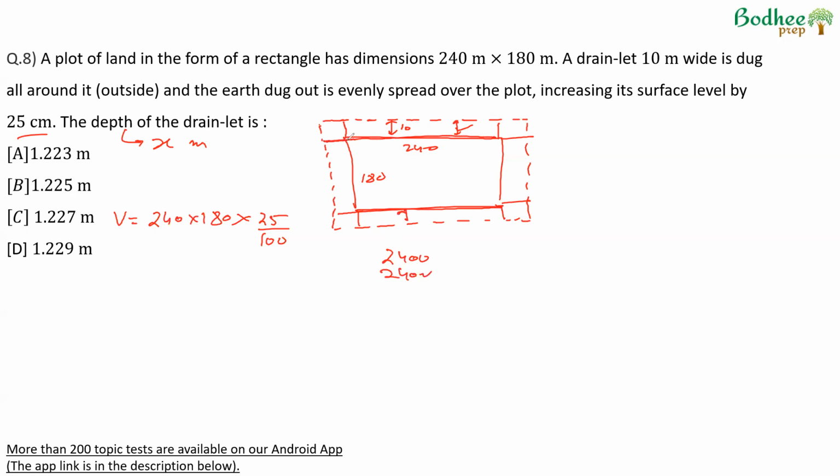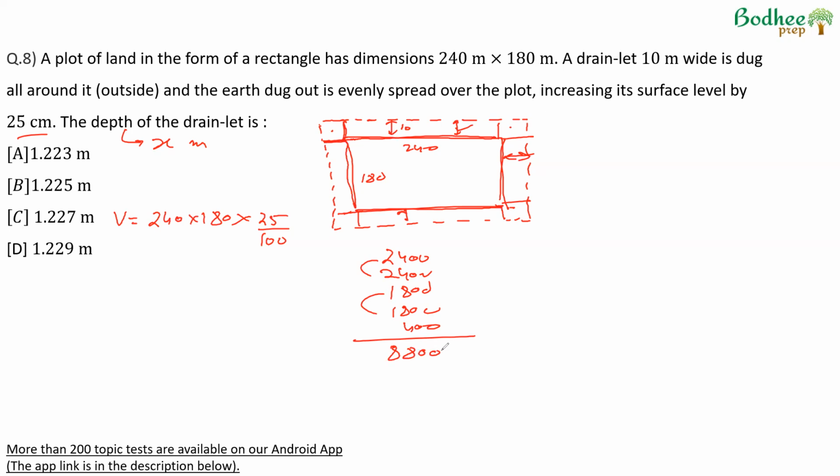This here will be 10 into 180, which is 1800, and this will also be 1800. The corners will be 10 into 10, so 100, 100, 100, 100, which is 400. This becomes the total area of the drainlet that has been dug: 8800 meter square.